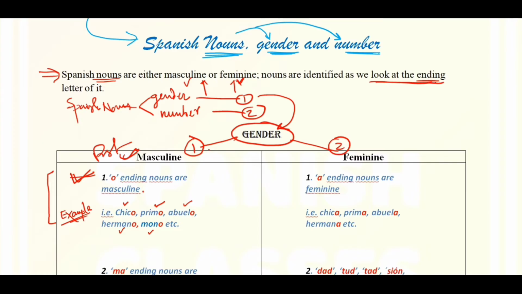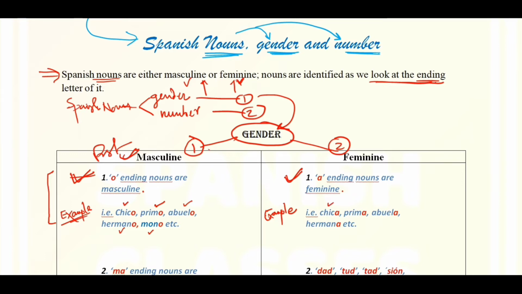Now we will move to feminine. First point: if any noun is ending with A, then we'll find feminine nouns. Example, you can see chica means girl. Prima, cousin sister.